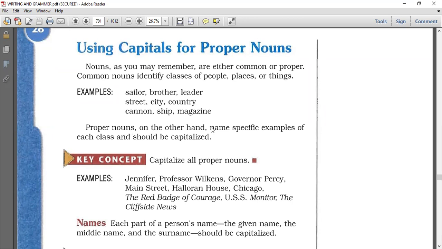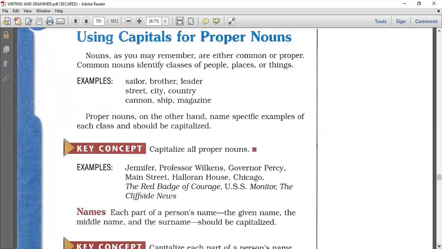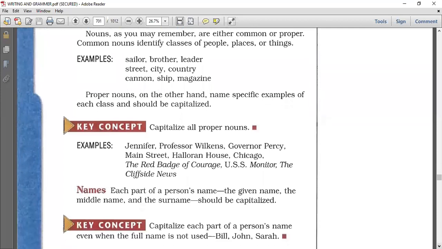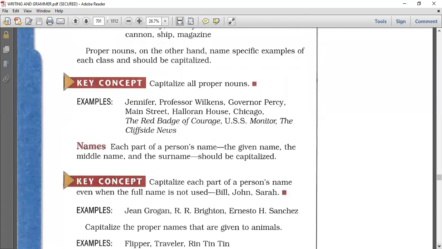Proper nouns, on the other hand, name specific examples of each class and should be capitalized. Again, common nouns identify classes of people, places, or things, but proper nouns name specific items of such things.